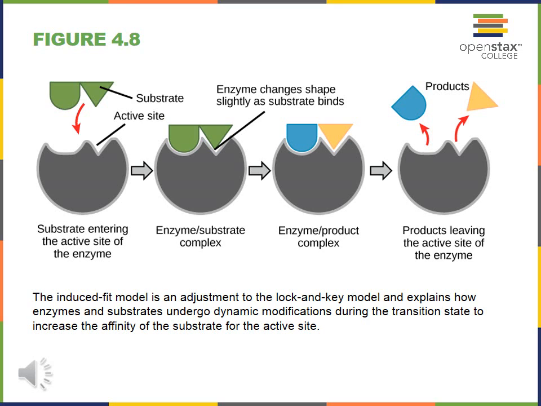And so the active site may start looking like this, where you think, oh, that's not going to quite fit, but this particular substrate will come up to this particular enzyme and it will land on it, and as it does, the enzyme will form to make that lock and key mechanism happen.